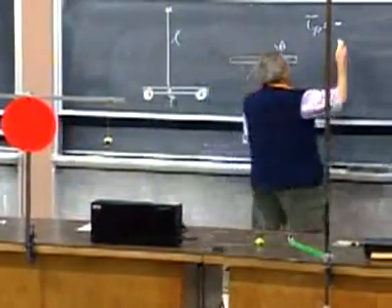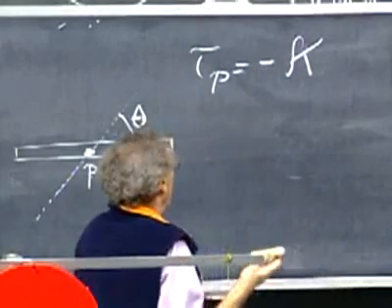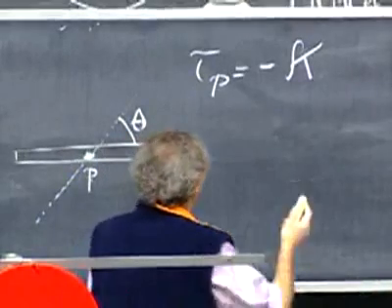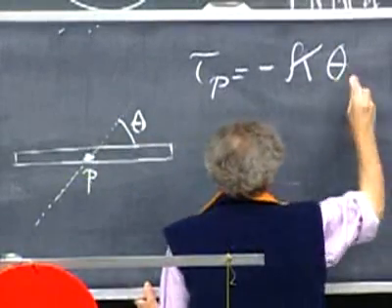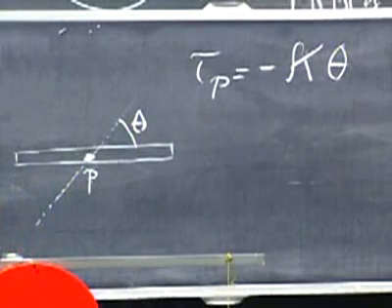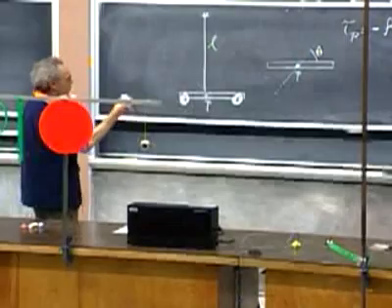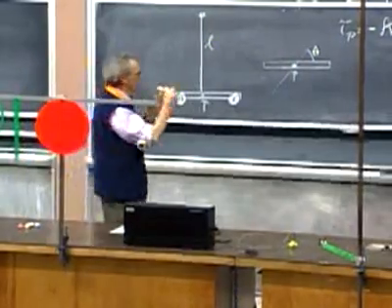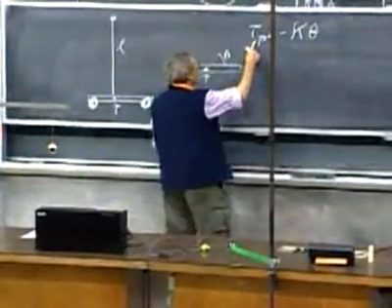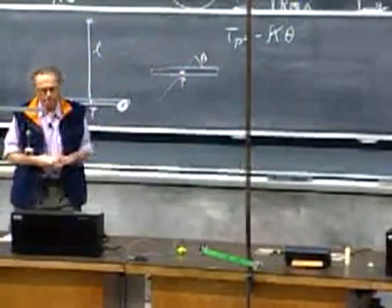Instead of a k now, we have kappa, which is what we call the torsional spring constant. And now we have an angle which we call theta. So we generate a torque which is proportional to the angle. Very similar to the linear spring, whereby we generate a force which is proportional to the linear displacement. Now you generate a torque which is linearly proportional to the angle.